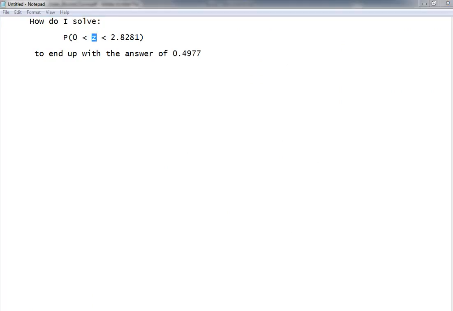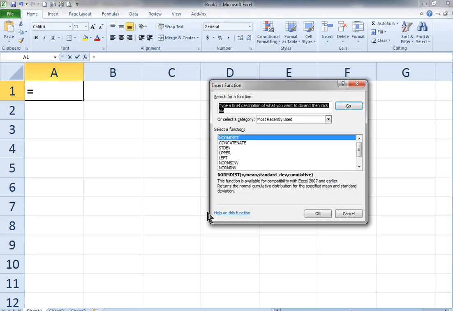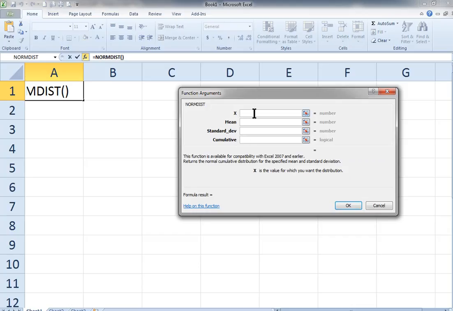Now, in this problem, I didn't see an x value, and there's no information about the standard deviation or that kind of stuff, but I just wanted to let you know that Excel has this great little function called norm dist. You can even see it's already in my most recently used list. But if you have an x value, I'll just make some stuff up here. How about 15?